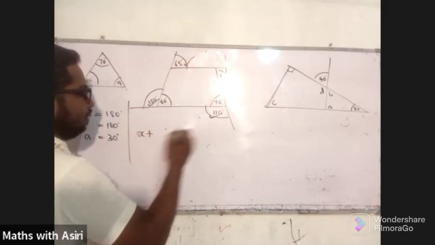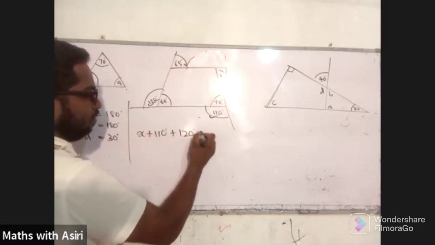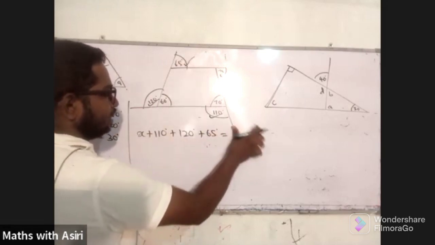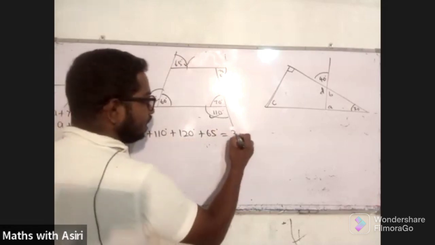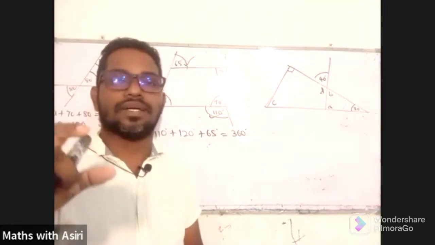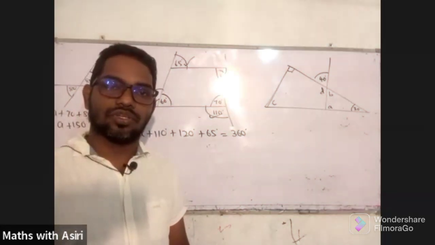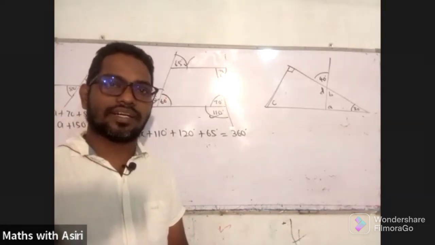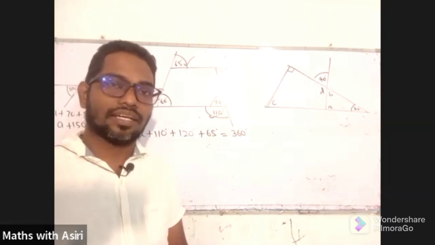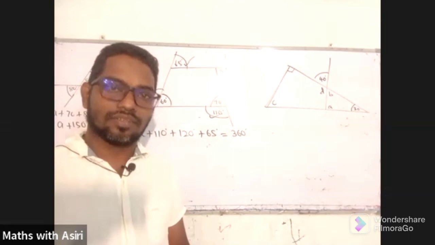X plus 110 plus 120 plus 65. They are exterior angles. The sum of exterior angles of any polygon is 360. Remember, it does not matter whether it is a triangle, quadrilateral, pentagon, hexagon, heptagon, octagon, nonagon, or dodecagon. The sum of the exterior angles is 360.